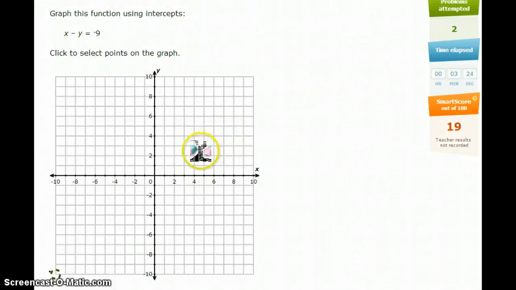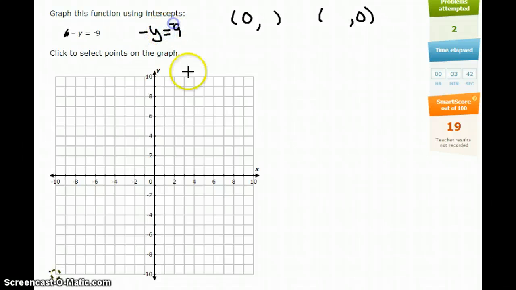Remember, if you think I'm going too fast, then just please pause the video as you're following along here. I've got x is 0, and I've got y is 0. When x is 0, I'm left with negative y equals negative 9. Multiply both sides by a negative, and I get y equals 9.